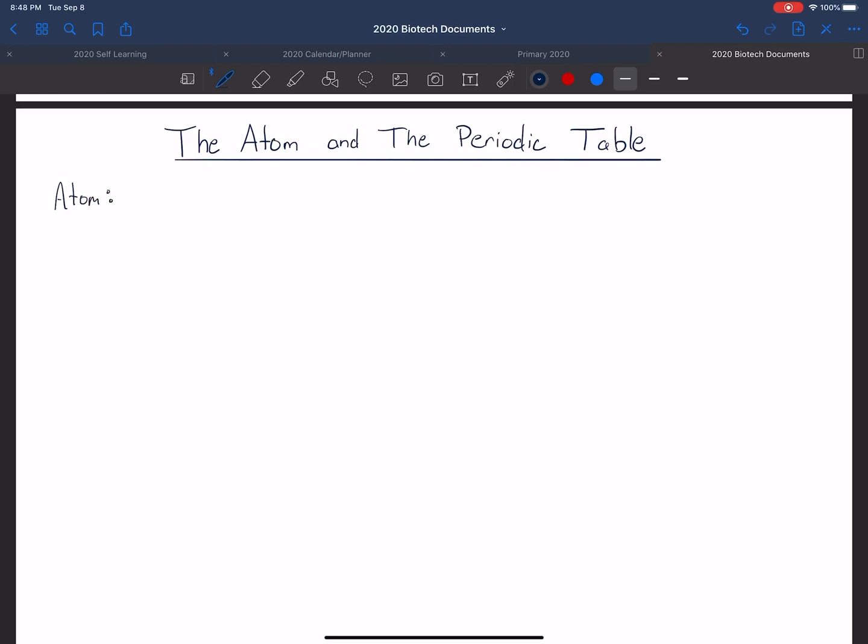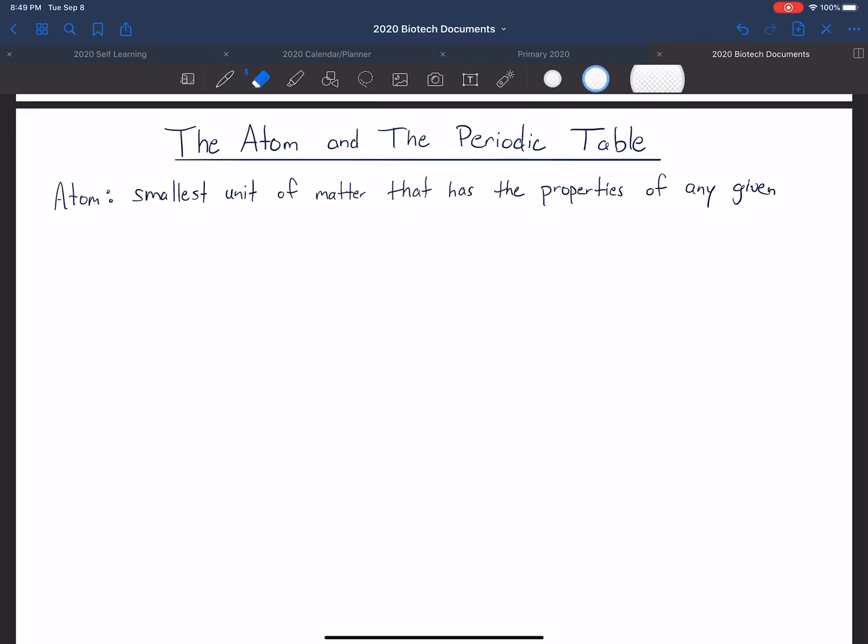So the atom is the smallest unit of matter that has the properties of any given element.